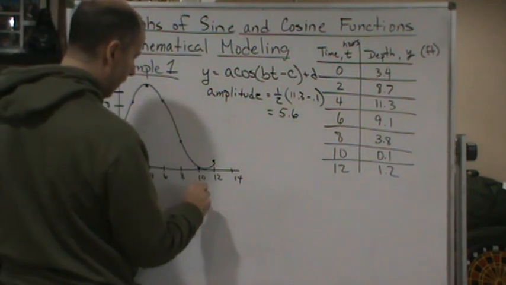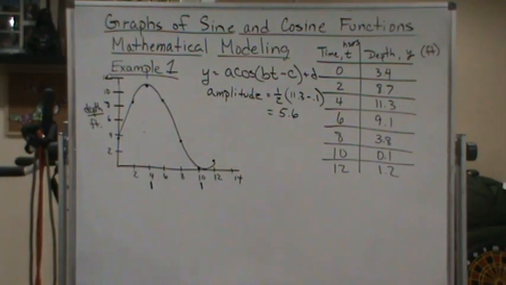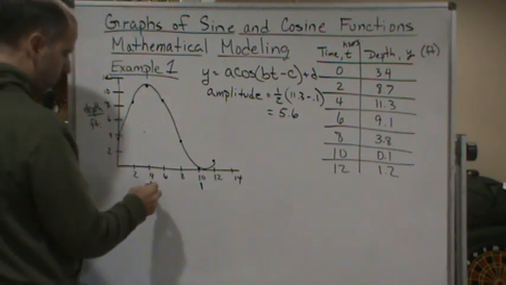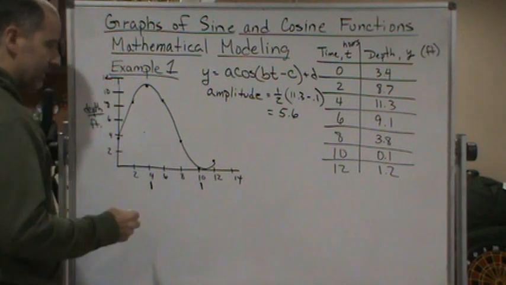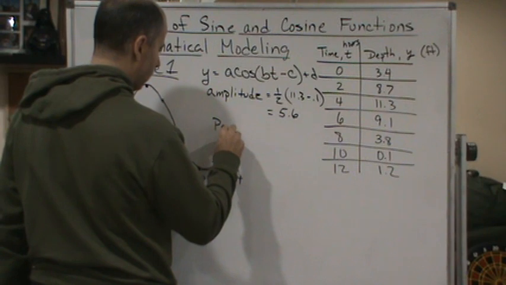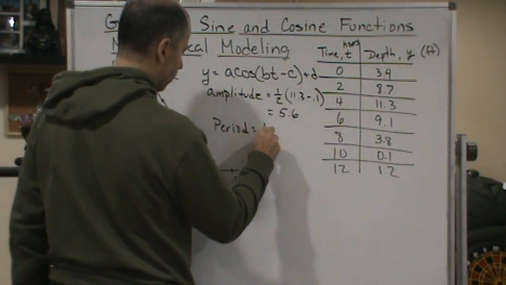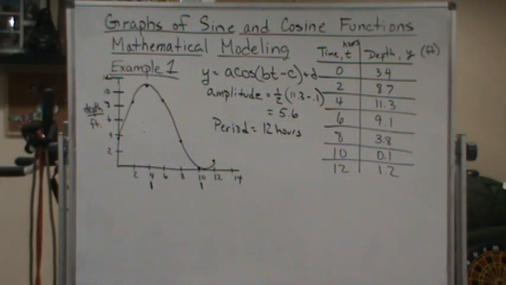The minimum point happens at 10 hours. So that distance is 6. That means it's made half its cycle in 6 hours. That means the period is going to be double that, so the period is equal to 12 hours.